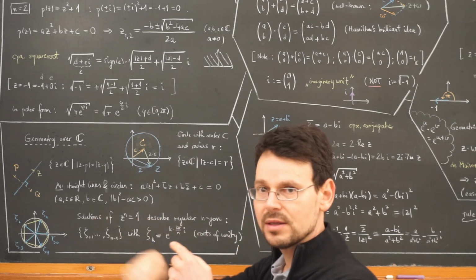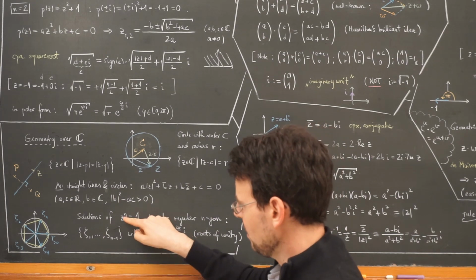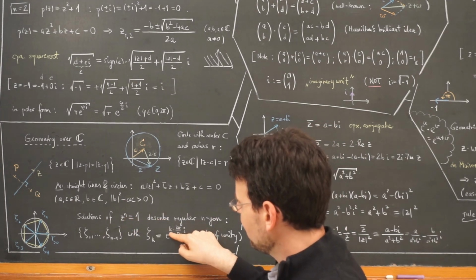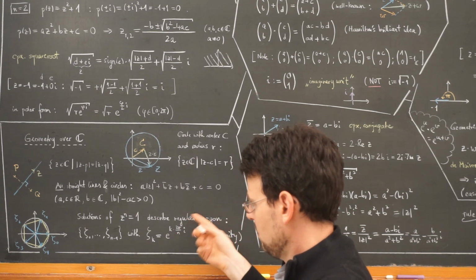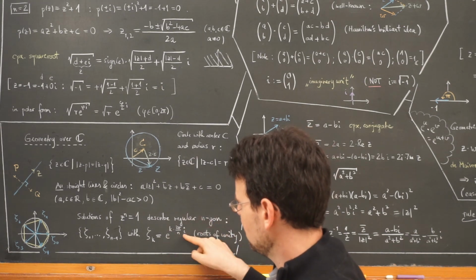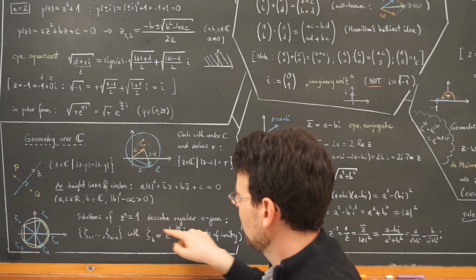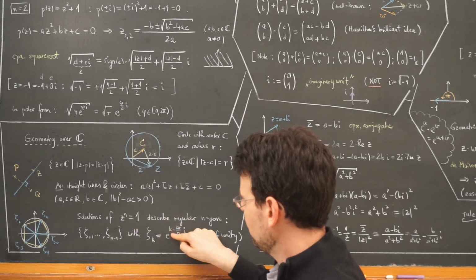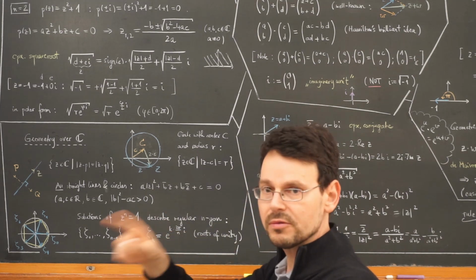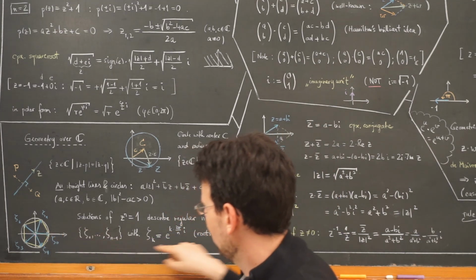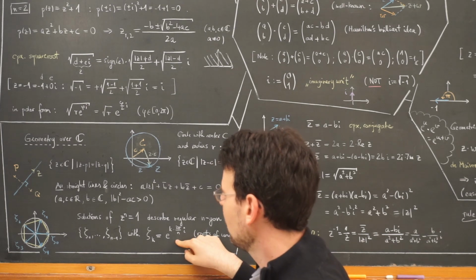I take 360 degrees divided by n, and then times k, and of course I need my i for the polar form. You can easily check that if you take this here to the power of n, you end up with e to the k 2 pi i, which is a multiple of 2 pi, so you always end up with 1.